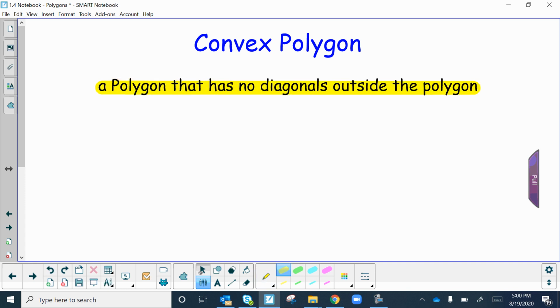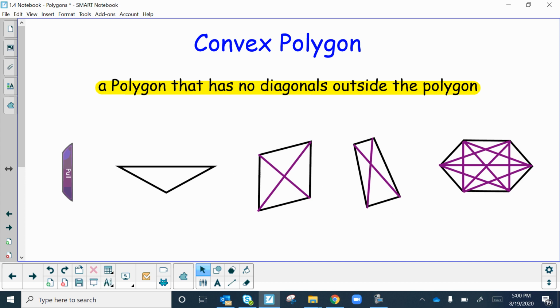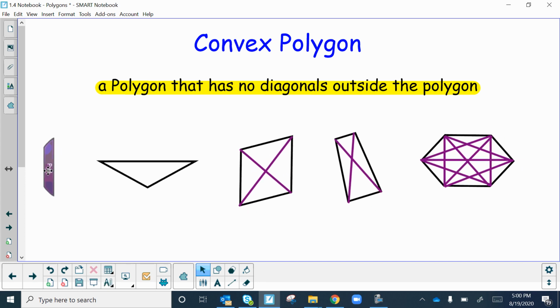So here's an example of convex polygons. I have 4 different polygons, and they all have purple diagonals inside. You can see they clearly cannot end up outside of the polygon. On the next slide, you'll see what I mean by diagonals outside of the polygon.